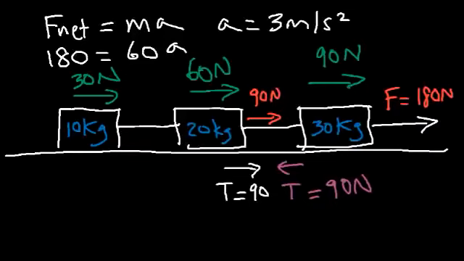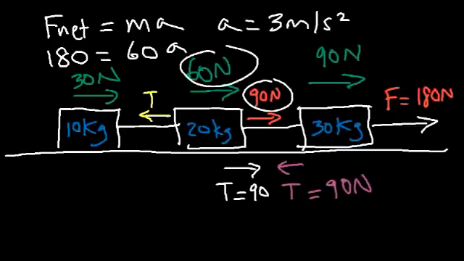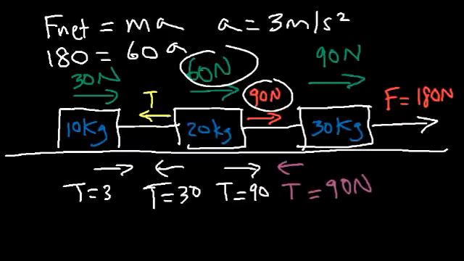So the 20 kilogram object feels a force of 90 newtons that pulls it to the right. So with that information, we can calculate the tension force that pulls the 20 kilogram object to the left. And so it's going to be 90 minus 60, which is 30. So we have a tension force of 30. And that tension force is equal to the tension force that pulls the 10 kilogram block to the right, which is 30.